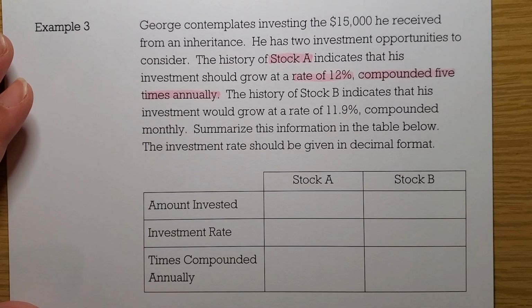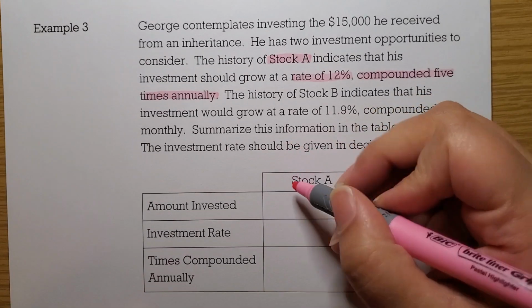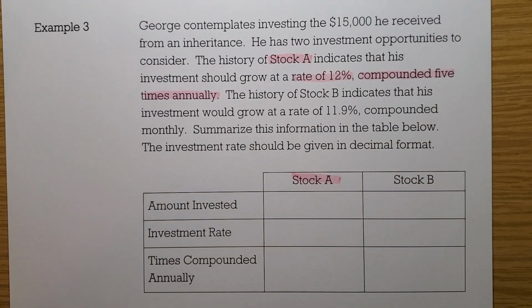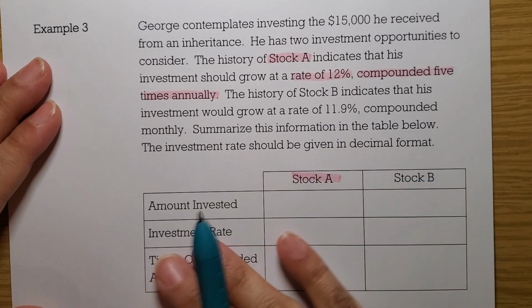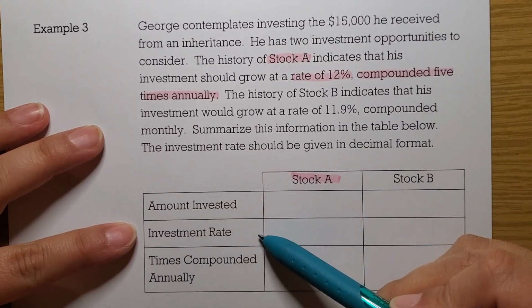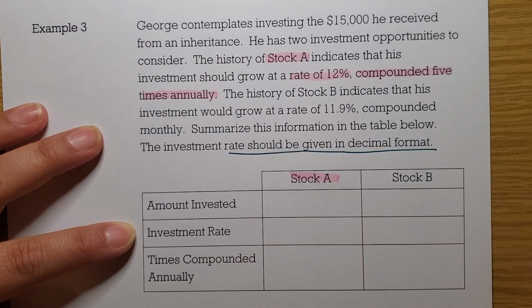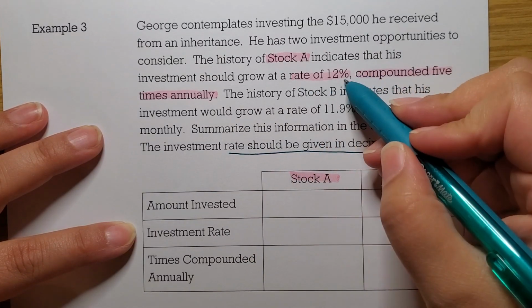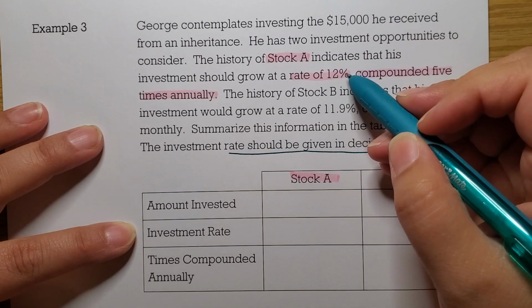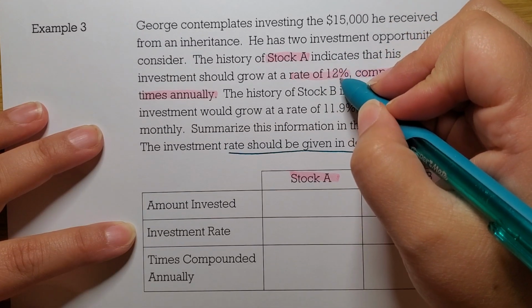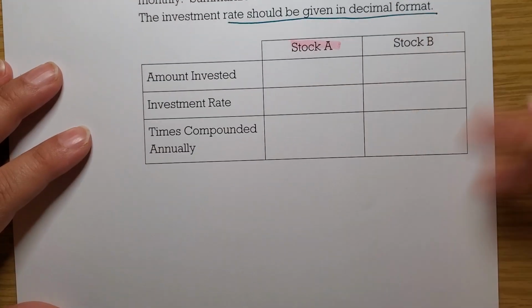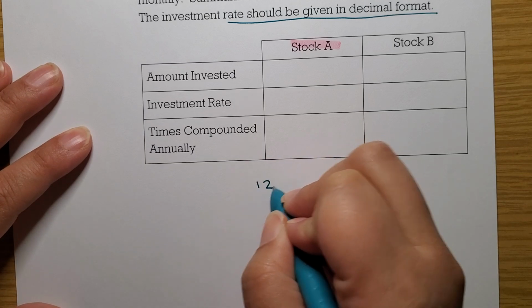Okay, so that's stock A. I'm doing it in red here. So we've got the investment rate, and it says the investment rate should be given in decimal format. So we have a rate of 12%. Remember, to go from percentage into decimal, you move the decimal point 2 spots over.